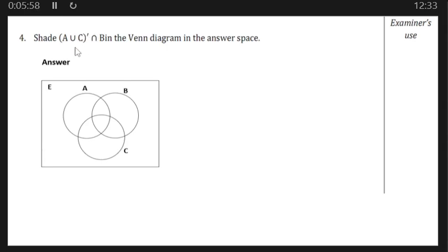They don't want this. So A union C is this entire set A combined with entire set C. Now complement means they don't want this, then that which they don't want intersection B. So what is that? It's just this part here. So that's how we answer it.